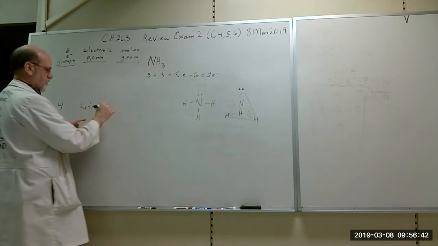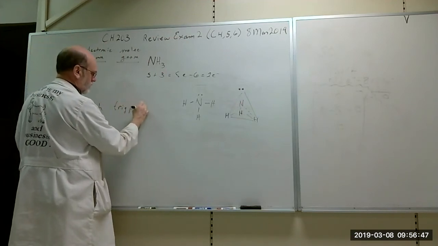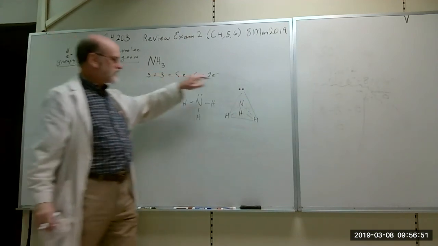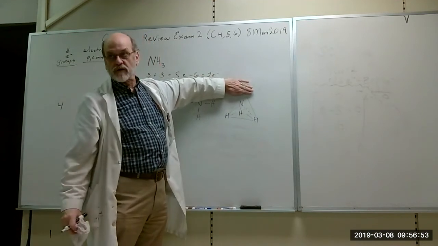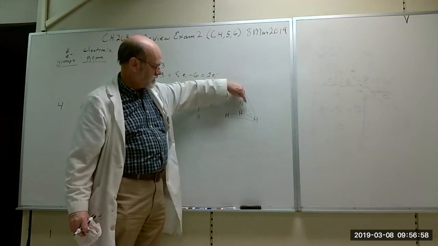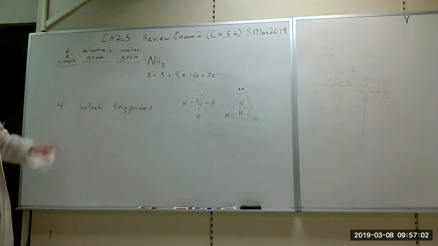Well, then it becomes a trigonal pyramid, because the molecular geometry discounts all the lone pairs. So the actual molecular structure is the trigonal pyramid in that case.